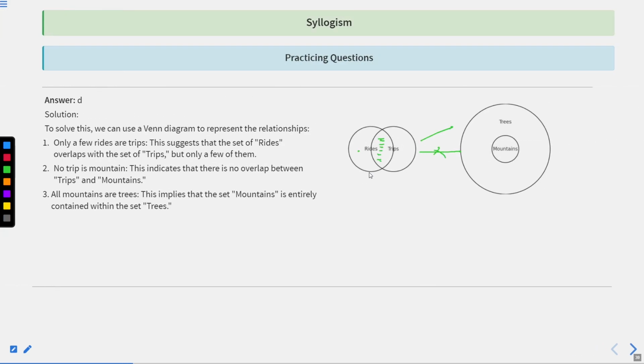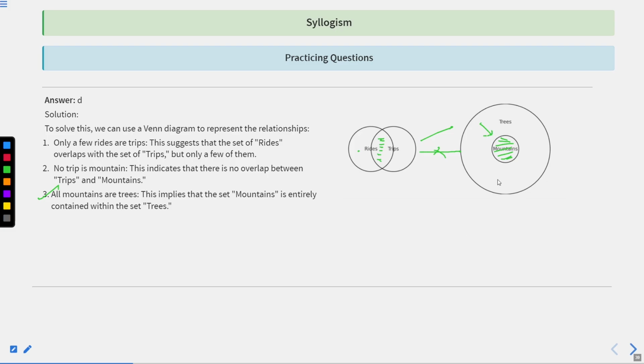But what we have to see here is again the conclusion, which is some trees are not trips. If you're talking about the trees, those trees which are mountains, because the statement was all mountains are trees. So there are some trees which are mountains.